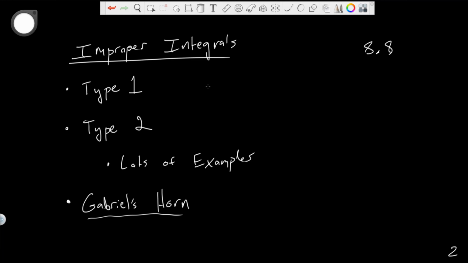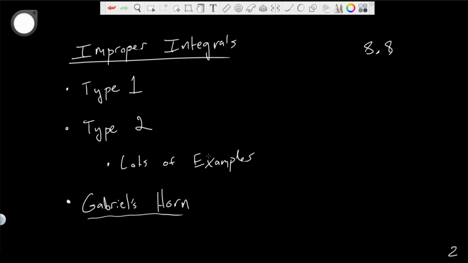Type 2 was when we had a discontinuity between our bounds, and we would split it up into two integrals and then take a limit as we go to that discontinuity point. We did a lot of examples along the way, and then we finished with Gabriel's horn, a solid with infinite surface area and finite volume.